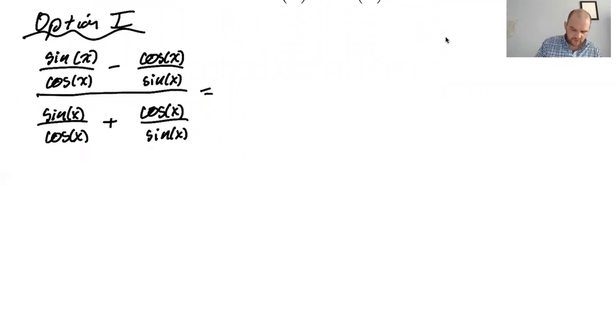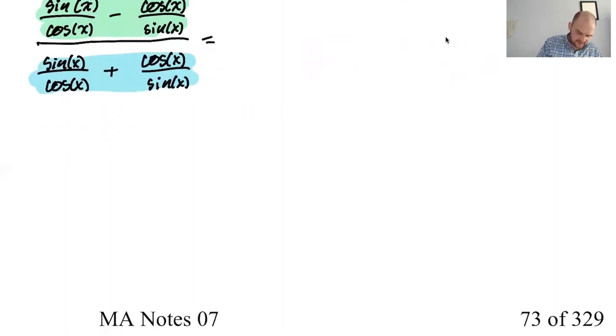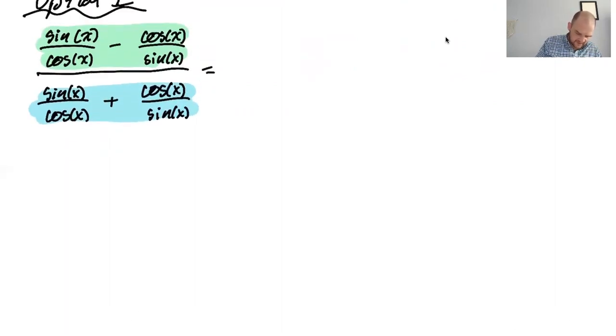So I'm going to focus on just the numerator, and then after I'm done with the numerator, I'm going to do just the denominator. So in the numerator, I'm going to get sine squared minus cosine squared over sine times cosine.